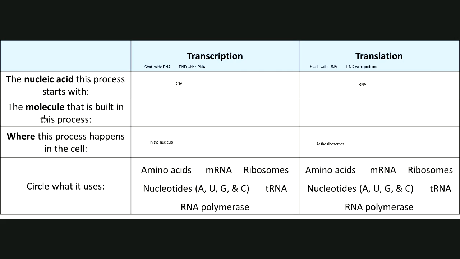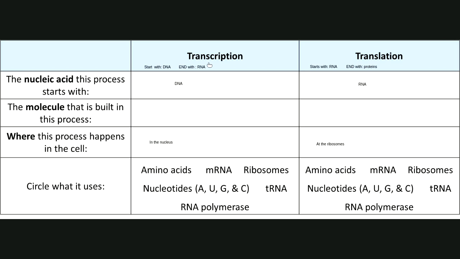Now, when I talk about transcription, and we're over here talking about the molecule that I build in this process, that's what we talked about up here, what I ended with. So I guess we could have filled in that column before, right? So I start with DNA, and the process of transcription ends with what? What did I say I built? So I'll give us a hint.